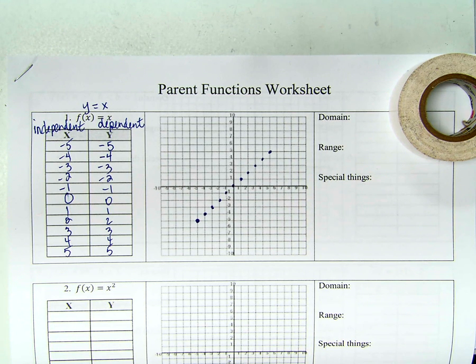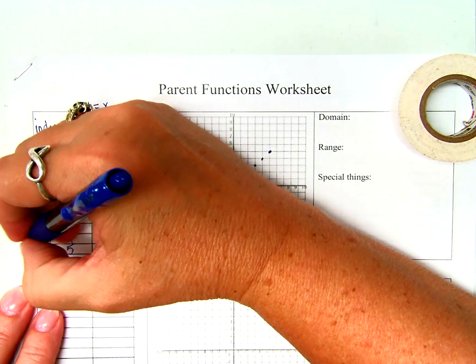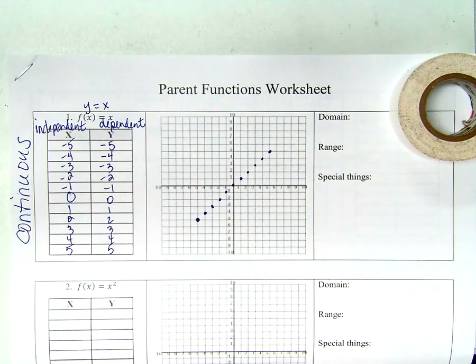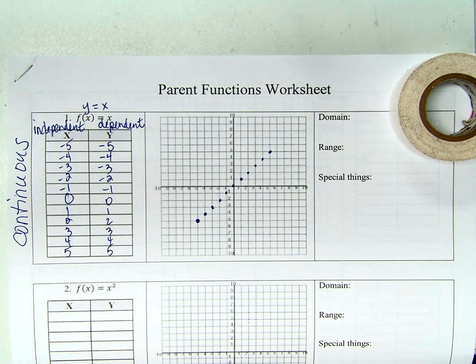Not necessarily. There's one word that I'm looking for, and if you don't mind, I'll help you with it. Is that okay? We have to decide if this graph is continuous or not.